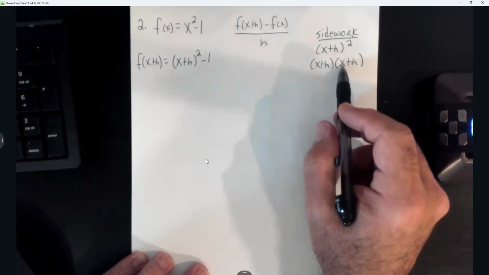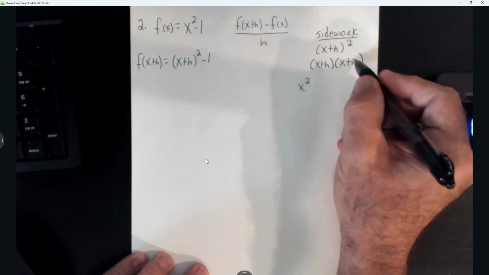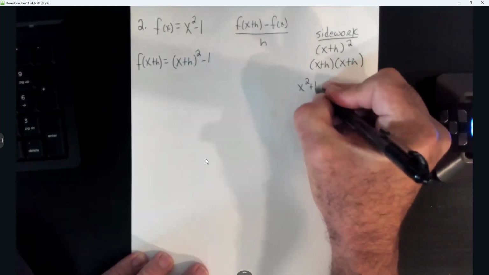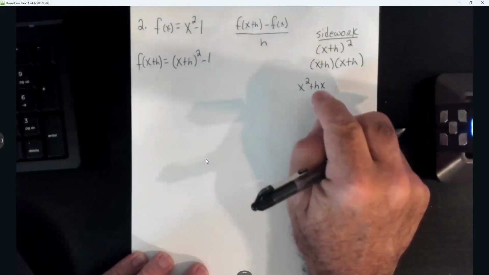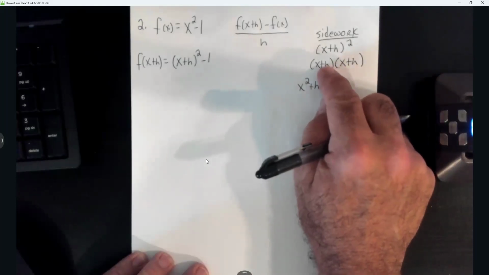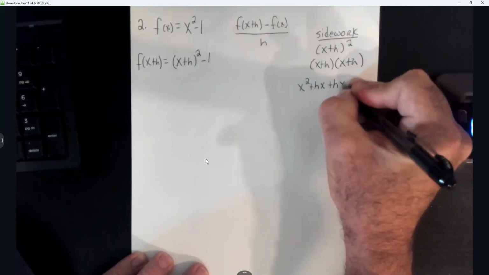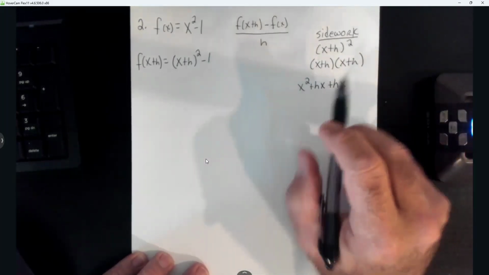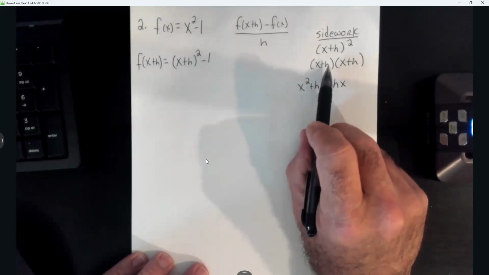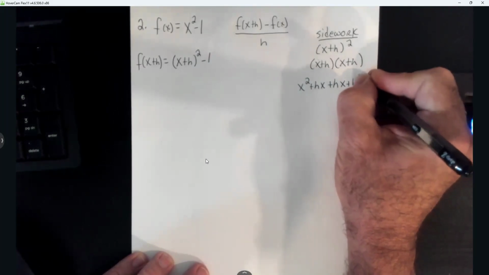All right, y'all. X times x is x squared. X times h is a hx. I'm just keeping mine in alphabetical order. And then you got this h times x. Well, that's another hx. Then at the end, I got a h times a h, which is a h squared.